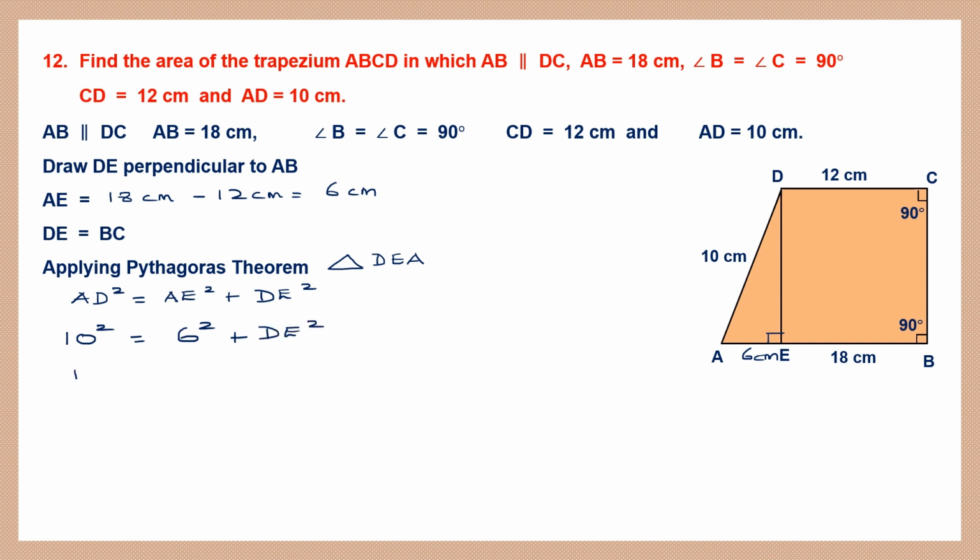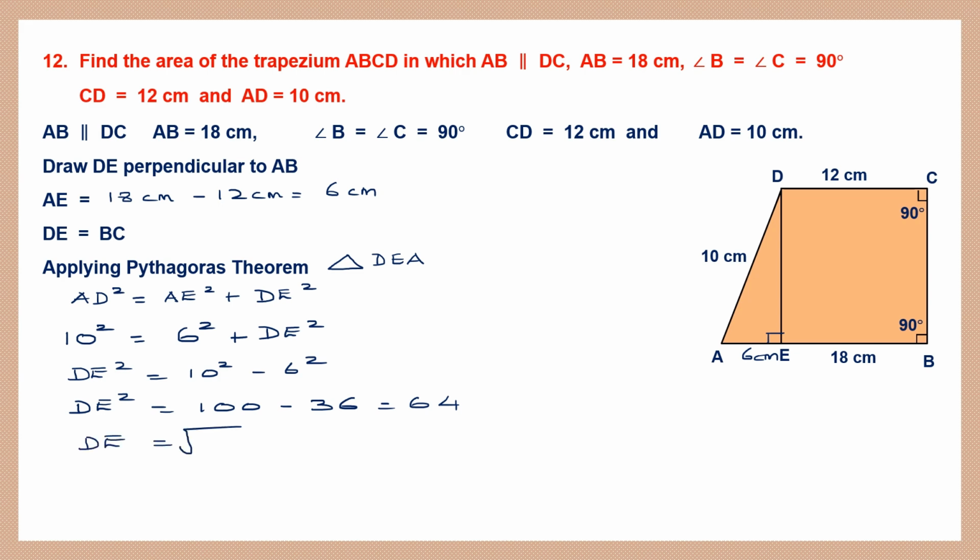So now to find the value of DE square, we say 10 square minus 6 square. So DE square is equal to 10 into 10 is 100 minus 6 square, 6 sixes are 36, and that is equal to 64. So DE square is equal to 64. So how much is DE?